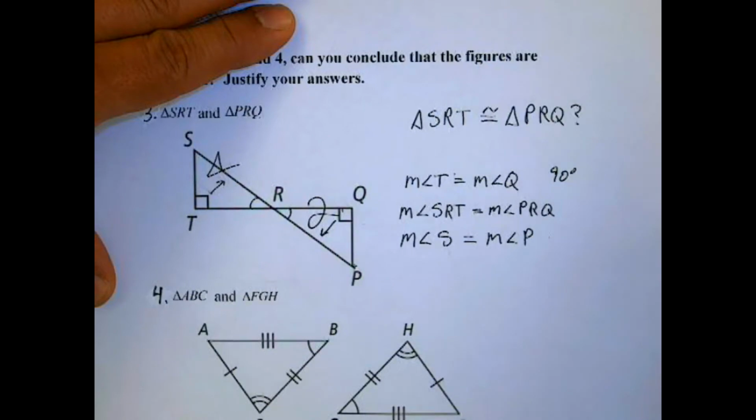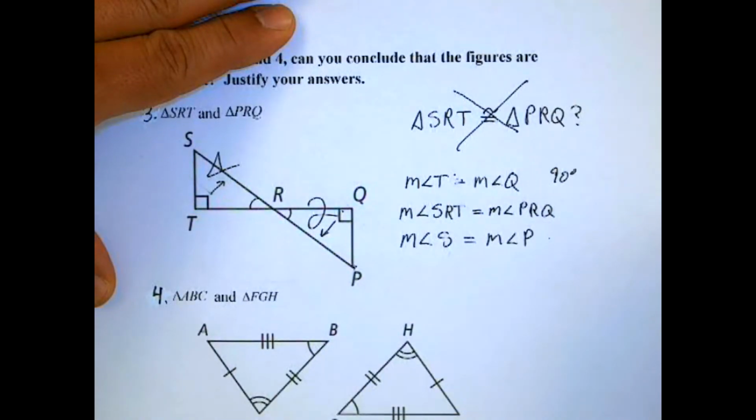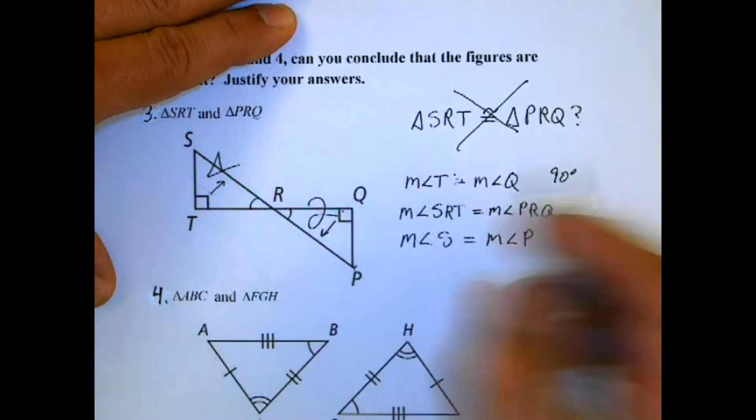So what we have to say, because we have a lack of information, is the fact that these two are not congruent. So what would you say to justify your answer?